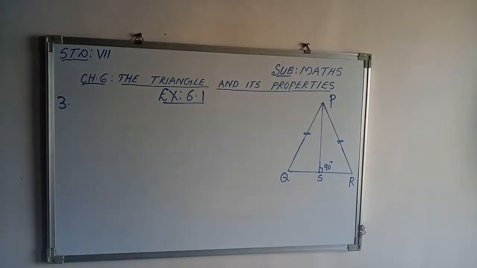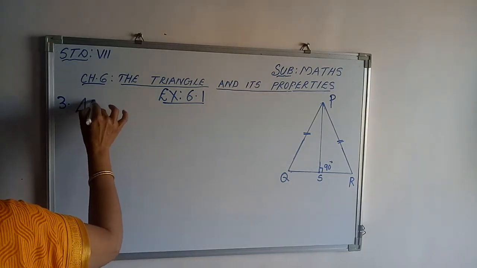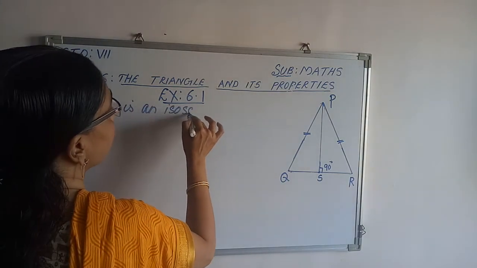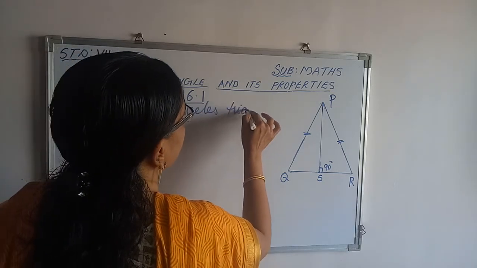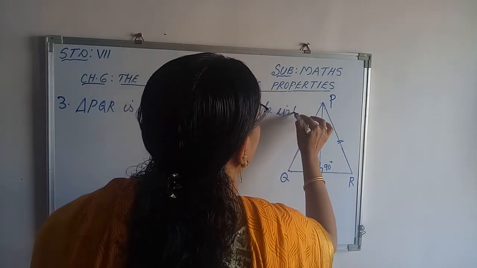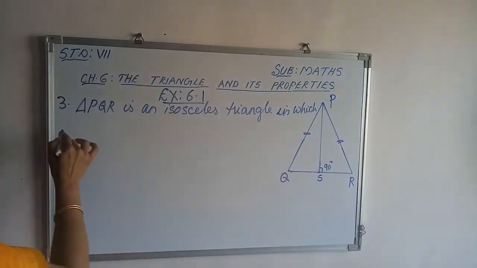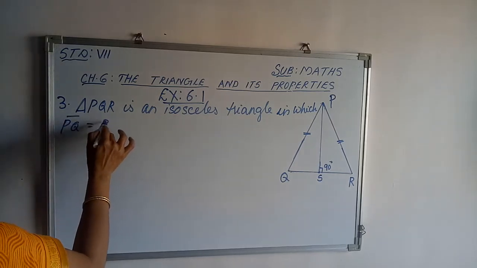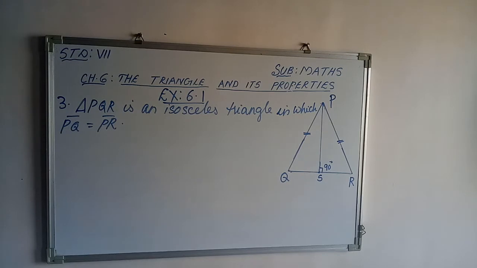Now, in the solution we can write: triangle PQR is an isosceles triangle in which side PQ is equal to PR. You can see the figure also. Let S be the midpoint of QR.